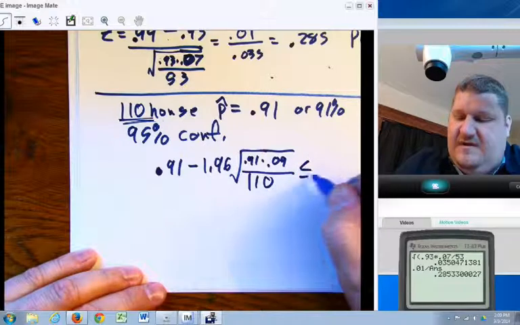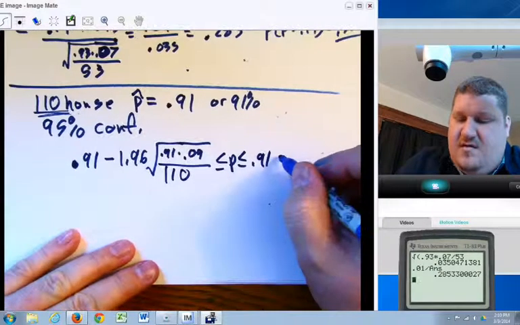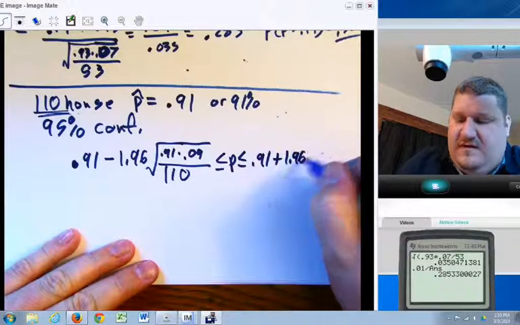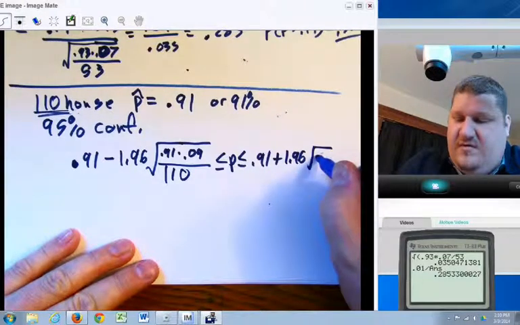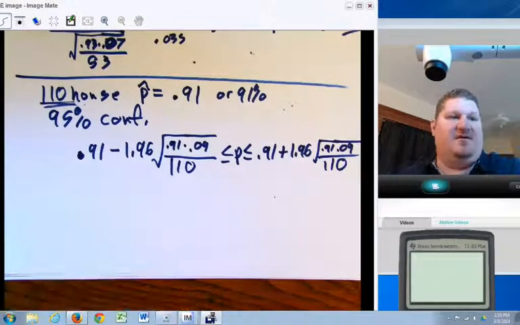It's less than or equal to p less than or equal to 0.91 plus 1.96 square root of 0.91 times 0.09, all over 110. I'll do the calculation. I'll be right back.